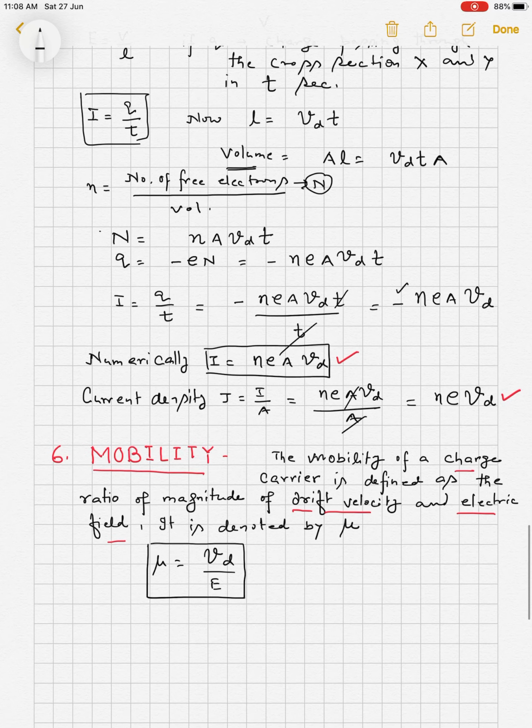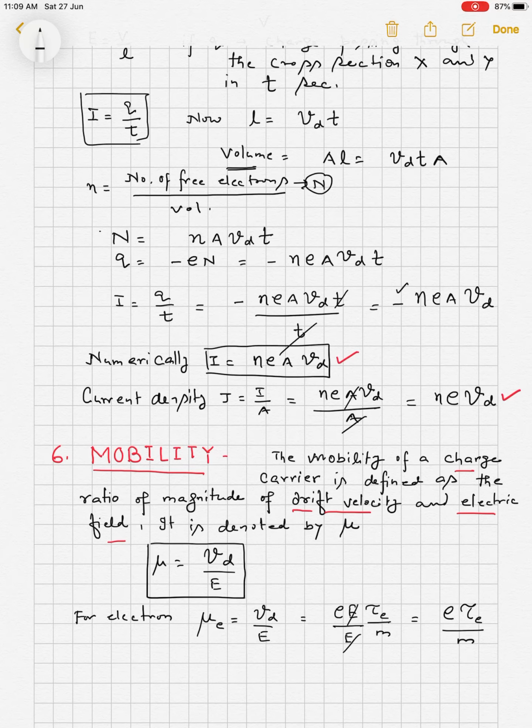For electron, if we write the subscript, mu e is equal to vd upon E, and vd, as we have seen, the relation is e tau upon m, divided by E. E is cancelled out, so it is e tau by m.